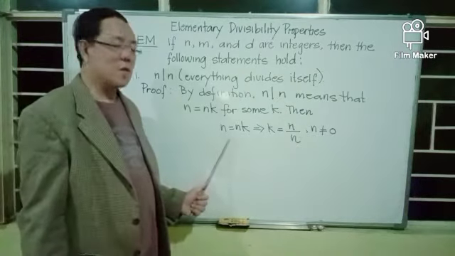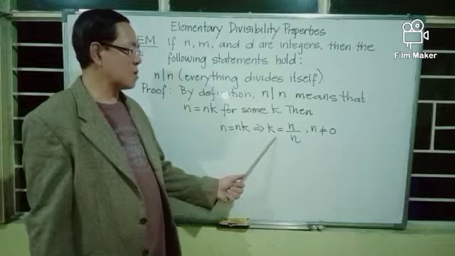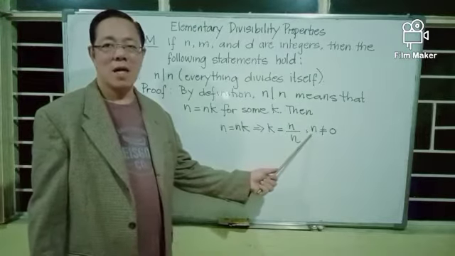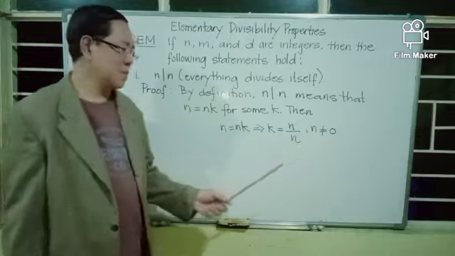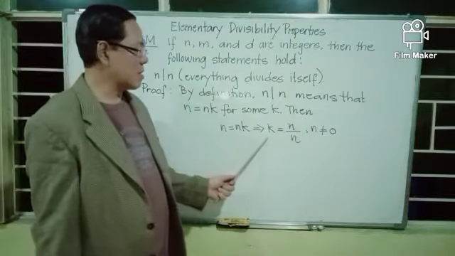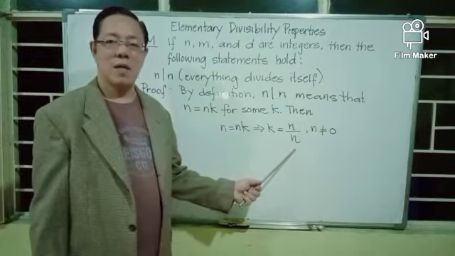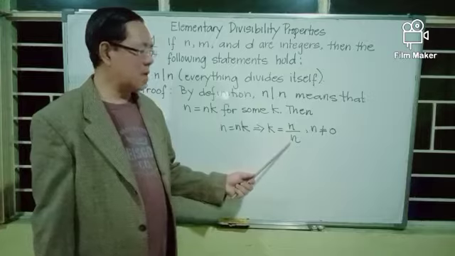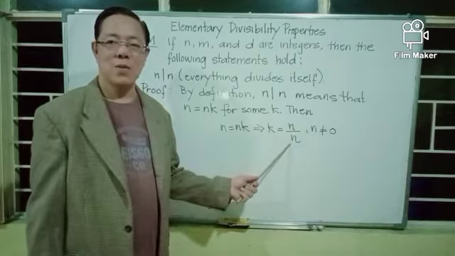From this equation, we can derive k equals n divided by n, as long as n is not equal to 0. So n equals nk implies that k equals n divided by n. But a non-zero integer divided by itself is equal to 1.